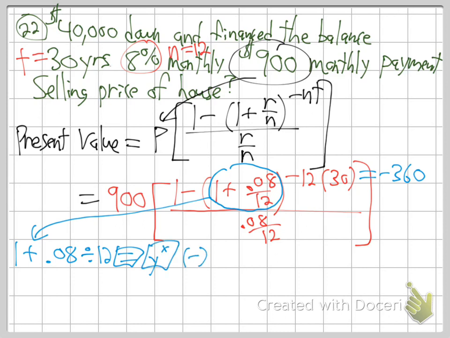And you got to use the negative. Make sure you know the negative is different than the subtraction. The calculators get really upset. At least the TIs do. Negative 360 equals to that power.